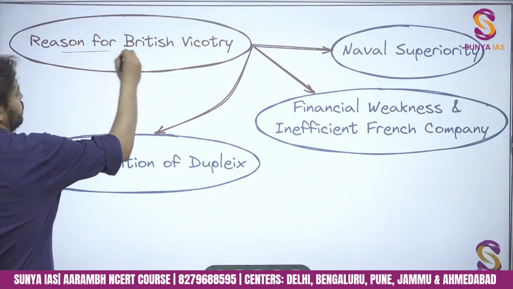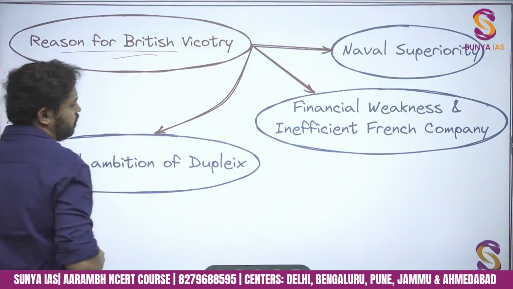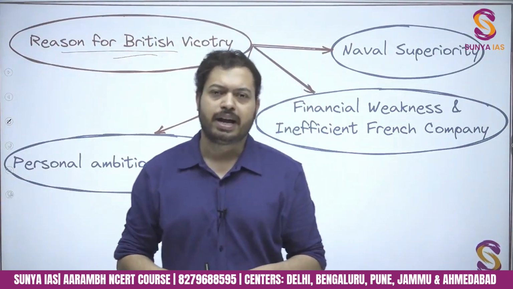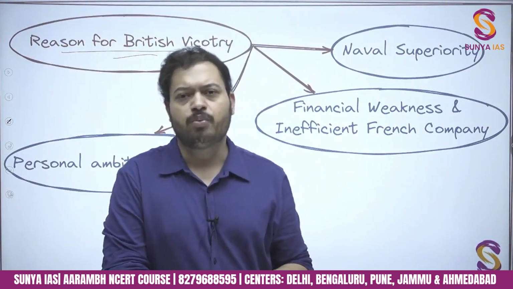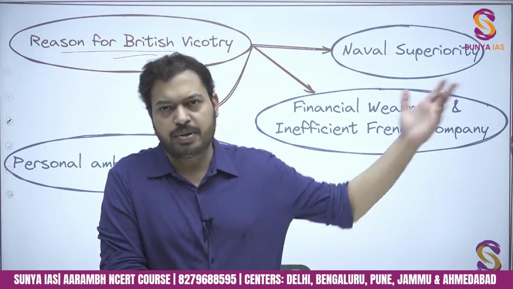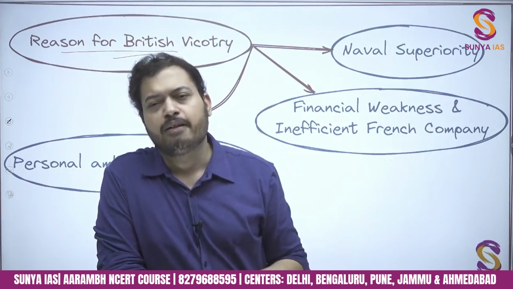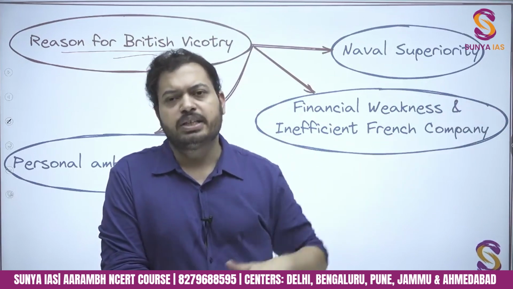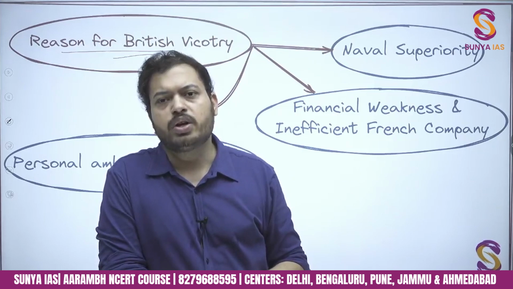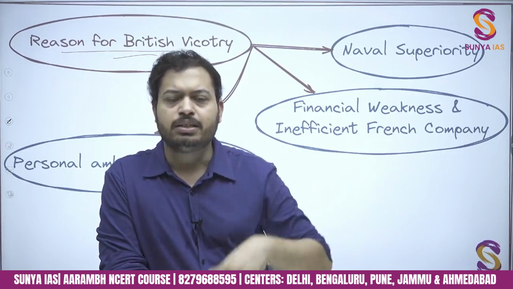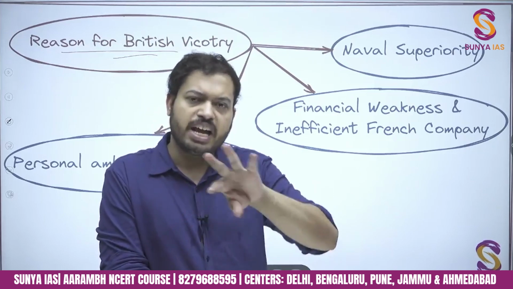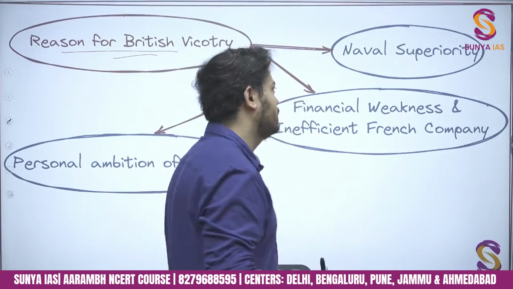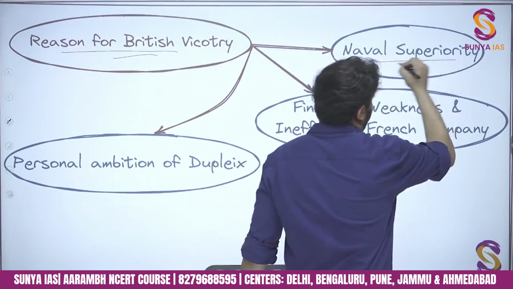Reason for British victory. What was the major reason? Because ultimately the British were the victors, and not only did they win against the native rulers, as happened in the Siege of Arcot and all that, but they also won against the European company, the French East India Company. So what did they do better than the native rulers as well as the French East India Company? First of all, the British had naval superiority.